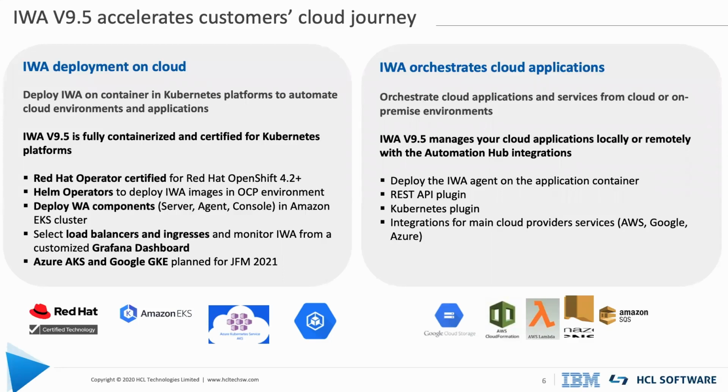So you can use it to manage your containerized applications. And even many different cloud services, with direct integrations for AWS, Google, Azure. We are providing an ecosystem of plugins that allow you to orchestrate cloud scenarios directly, either from a distributed or a mainframe engine.